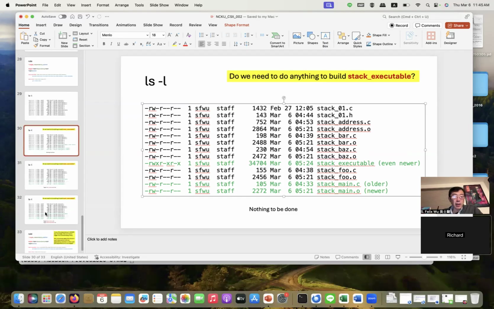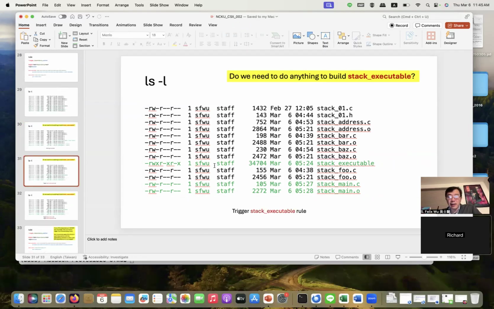Okay, so I want to go to the second example. Now I've changed the timestamps a little bit. The stackman.c and stackman.o have still the same relationship, where the .o has a timestamp newer than stackman.c. In this case, you don't need to execute the action under stackman.o.